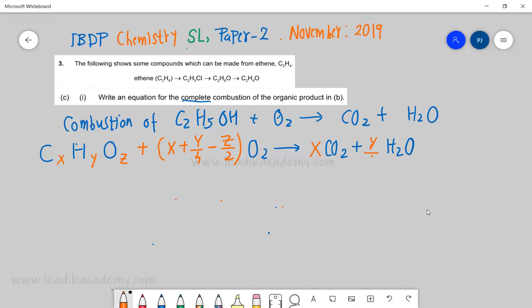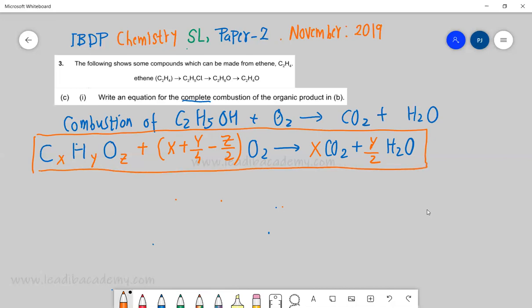So please remember this as the equation for combustion of any compound, that is CXHYOZ.